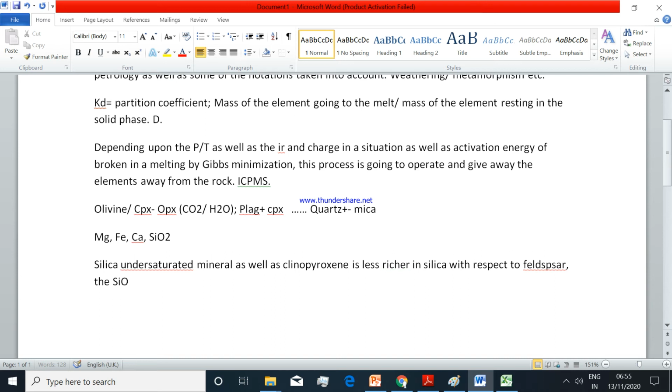The silica content in the earliest crystallized basaltic fraction is low.